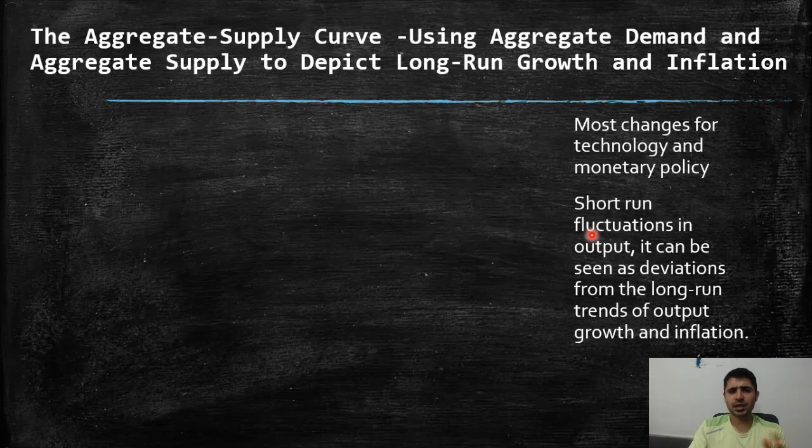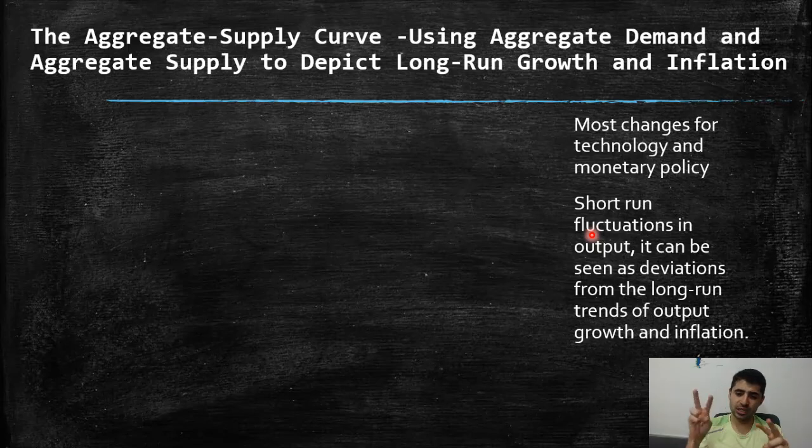Now we're going to try to use aggregate demand and aggregate supply to depict long-run growth and inflation. You have to keep in mind that the main changes come from technology and monetary policy, everything about the money supply.